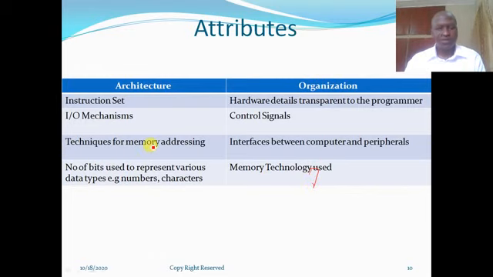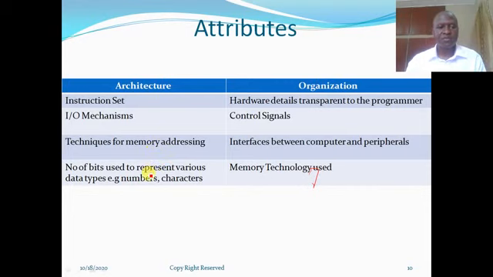Computer architecture also deals with the I/O mechanisms, that's the input-output systems, how the computer takes in information and how it spits out information to the outside world. The architecture also deals with the techniques of memory addressing. That is how the computer accesses information from the computer memory and then moves it to the microprocessor for processing before it is sent out to the output device.